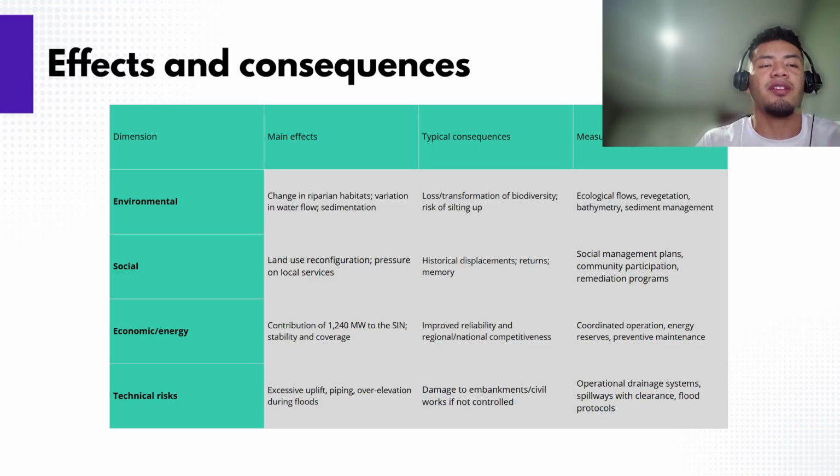Effects and consequences. Environmental effects include changes to riparian ecosystems, variations in downstream flows, and progressive silting. Management plans include monitoring, revegetation, and education.